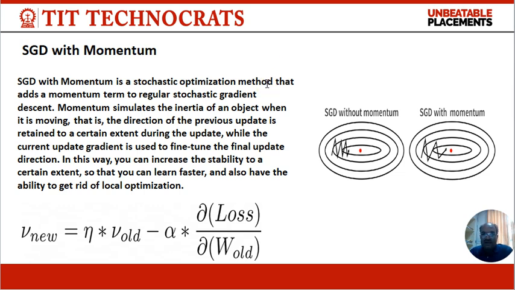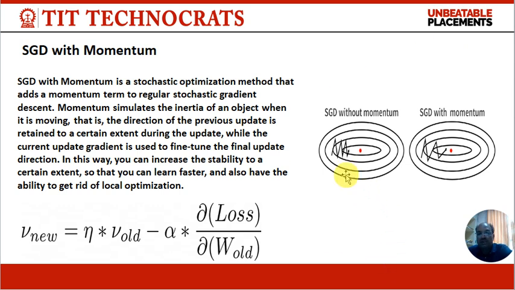Momentum simulates the inertia of an object when it is moving. That is, the direction of the previous update is retained to a certain extent during the update, while the current gradient is used to fine tune the final update direction. In this way, you can increase stability to a certain extent, so that you can learn faster and also have the ability to get rid of local optima.